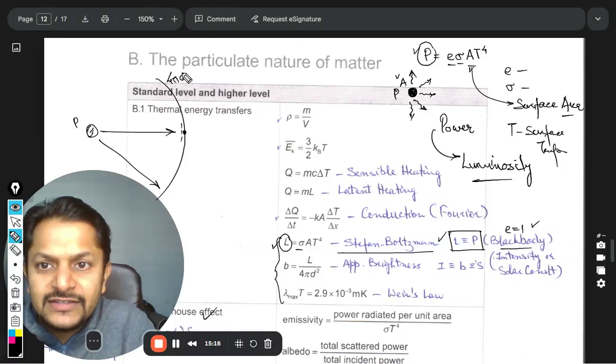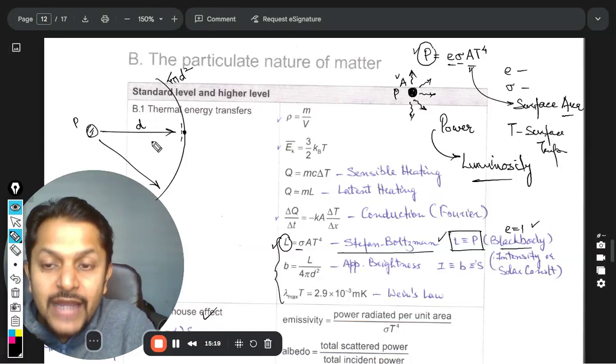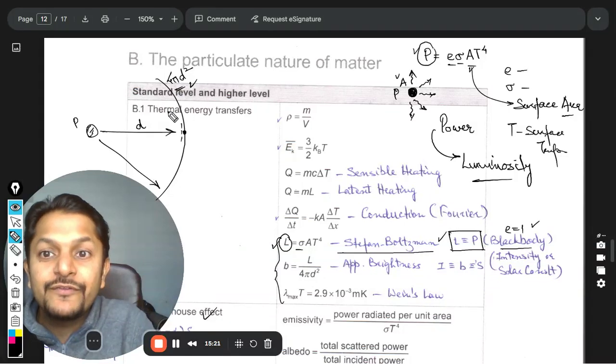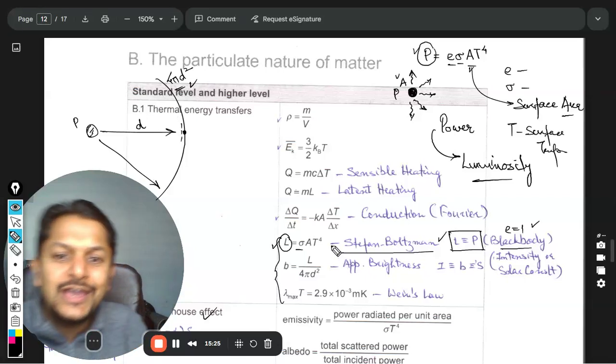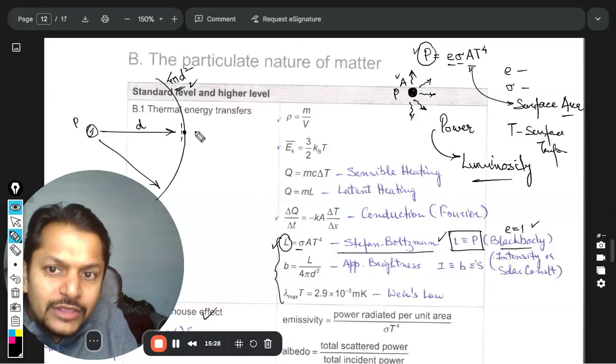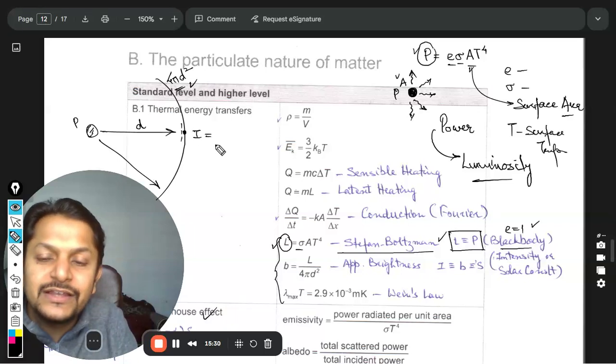So this surface area is again 4 pi r square, but now I'm talking about the surface area of the other sphere, not the surface area of sun. Be very careful that now we call this the intensity of the sunlight.